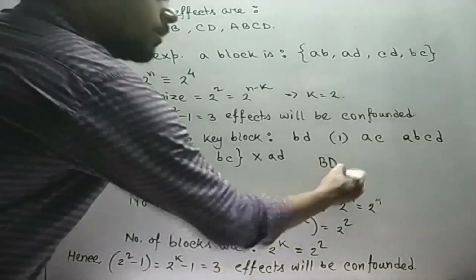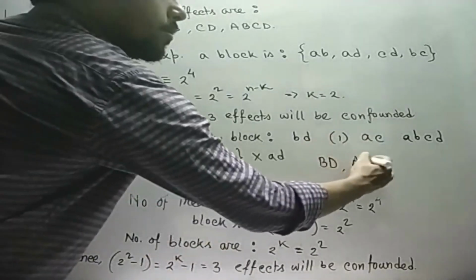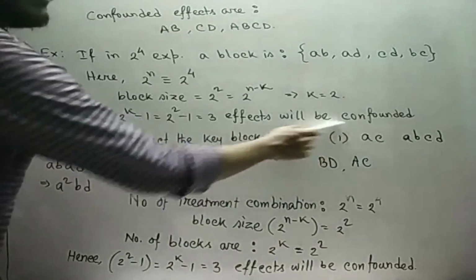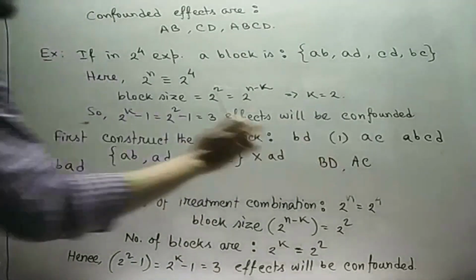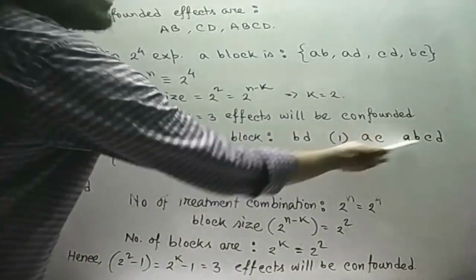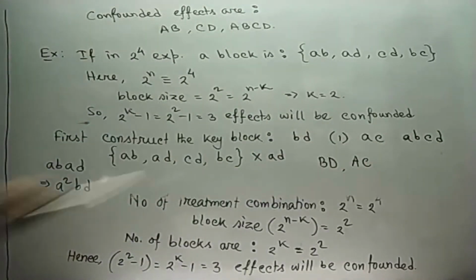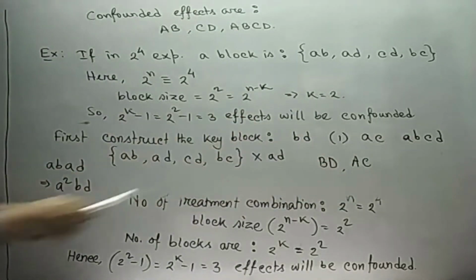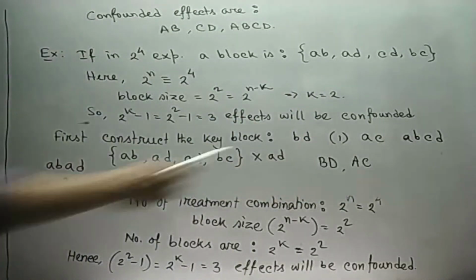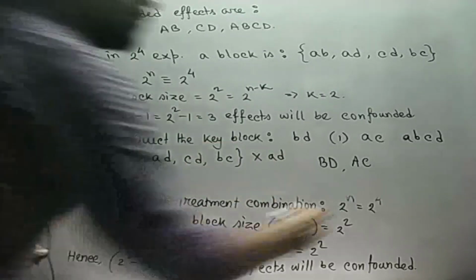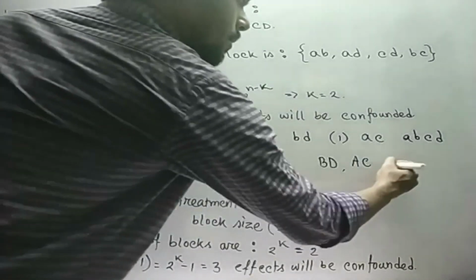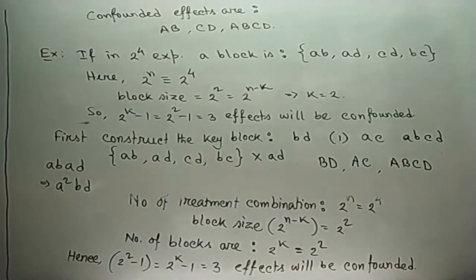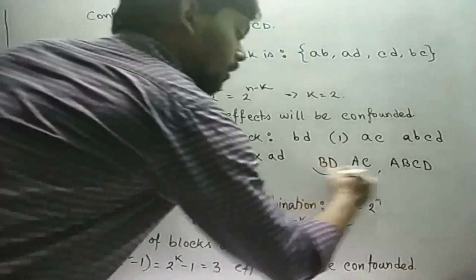Similarly AC: AC has no common member here, and here also no common member. AC has an even number of common members here, A and C, so even number of common members. So AC is also confounded. AC and BD are independent, they don't have any common members, so their interaction, which is ABCD, will also be confounded. So the 3 confounded effects are these.